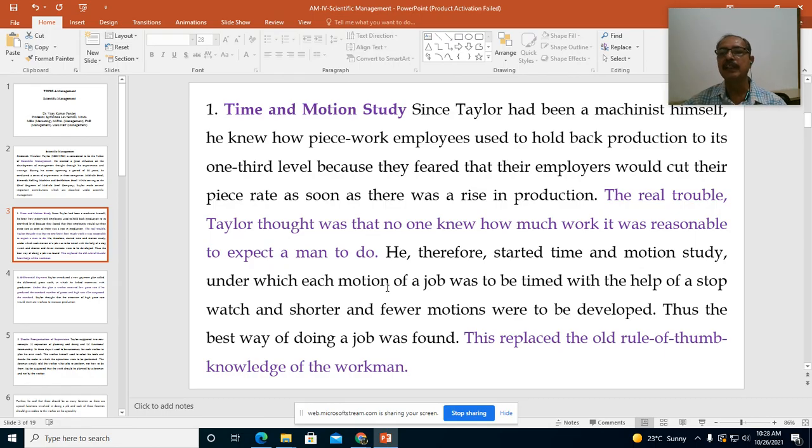They thought that if they increased production, the piece rate would be reduced by the management, so they were not increasing production. That was the problem the management was facing. So he tried to find ways of performing a job in the best manner by using the time and motion study.